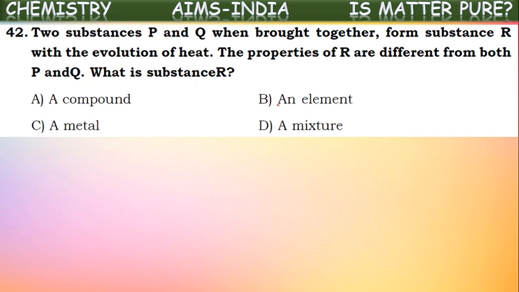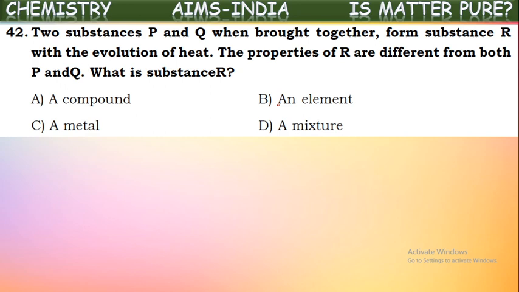So then it will not be a mixture. When two different substances combine together to form a substance R, that is said to be the formation of a compound. Because they are telling here the properties of R are completely different from P and Q. So it happens only in the case of compound formation.